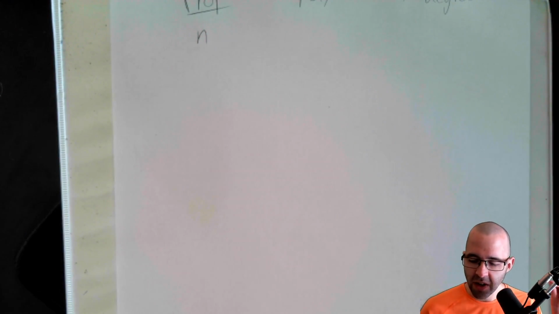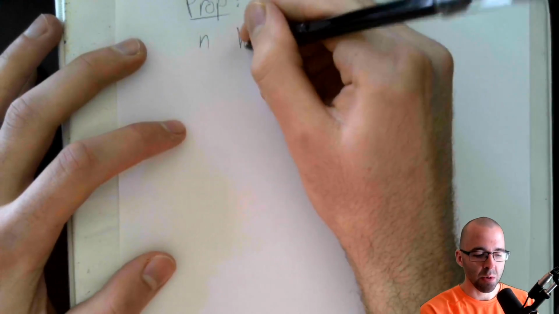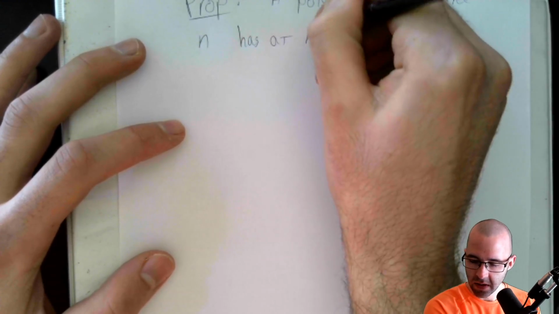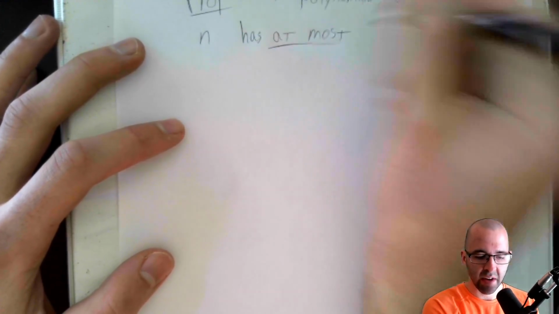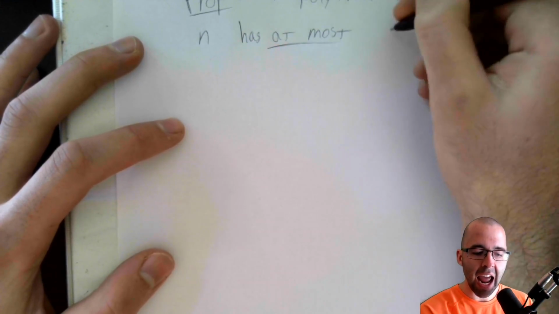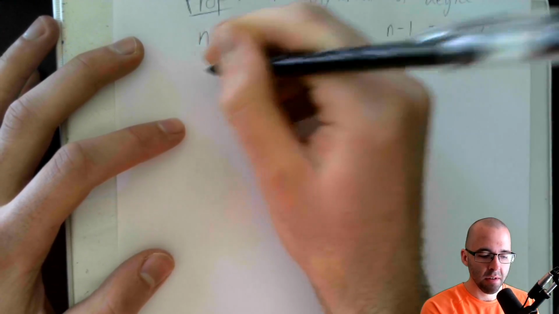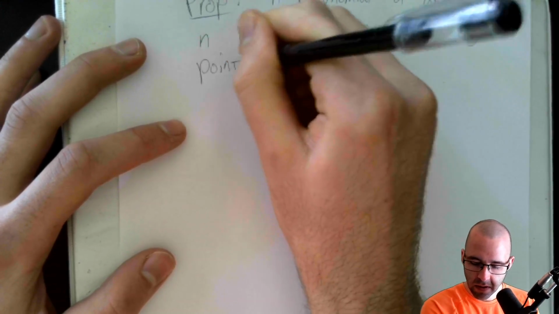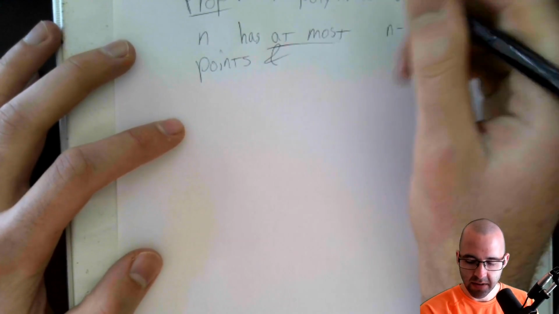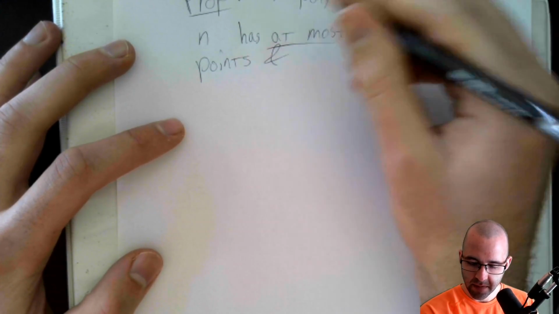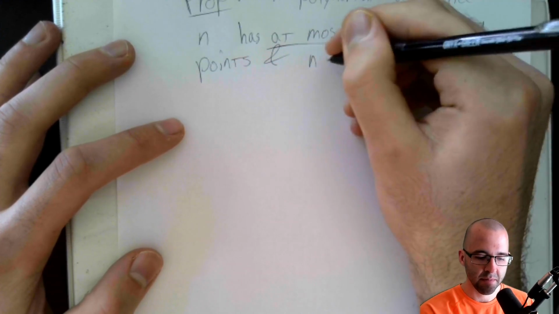So, a polynomial of degree n has at most, and that's important, at most n minus 1 turning points and n x-intercepts.